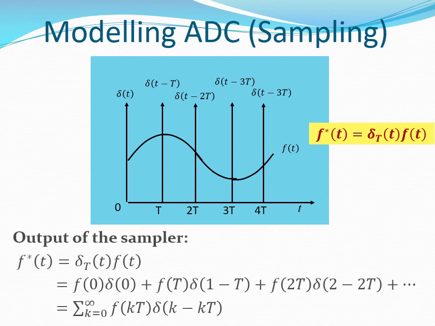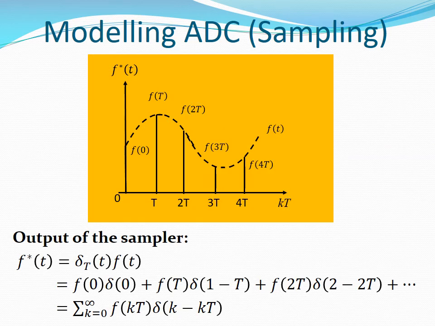As a result, the output of that process is a signal defined by the summation for k equals 0 to infinity of f(kT) times delta(t minus kT). And this is the diagram showing the output of the conversion. It is a sequence made up of the values f(0), f(T), f(2T), f(3T), f(4T), etc.